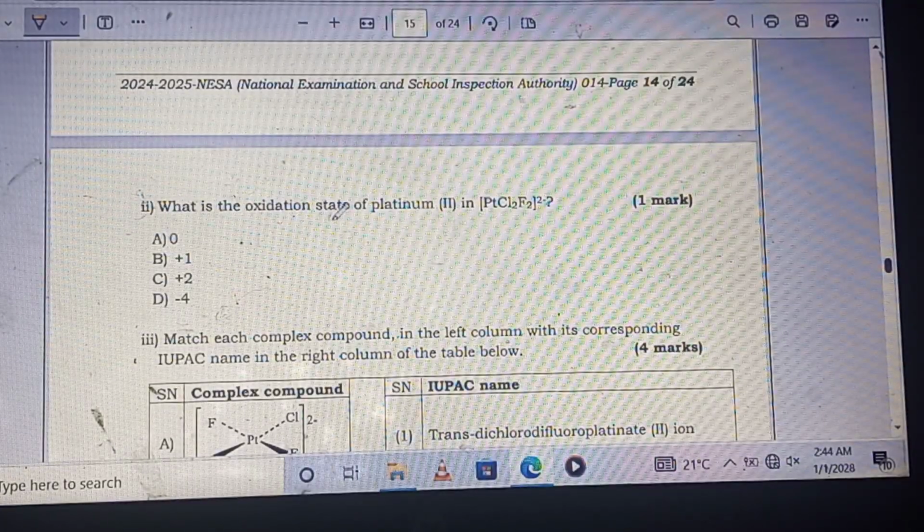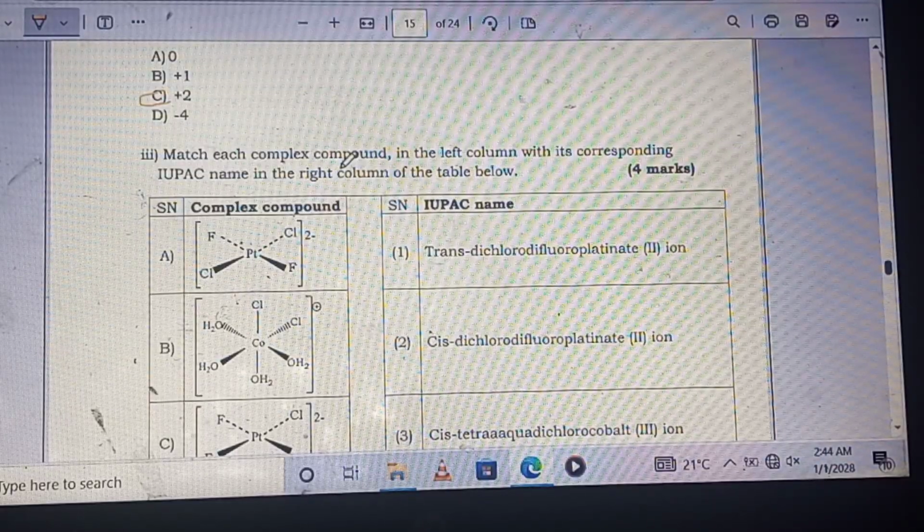II. What is the oxidation state of platinum 2? The correct answer is letter C, +2. III. Match each complex compound in the left column with its corresponding IUPAC name in the right column of the table below.